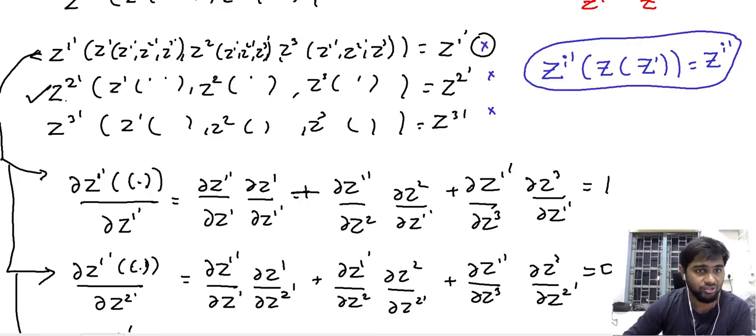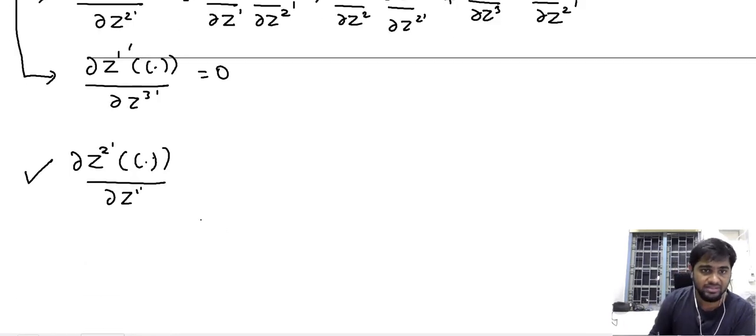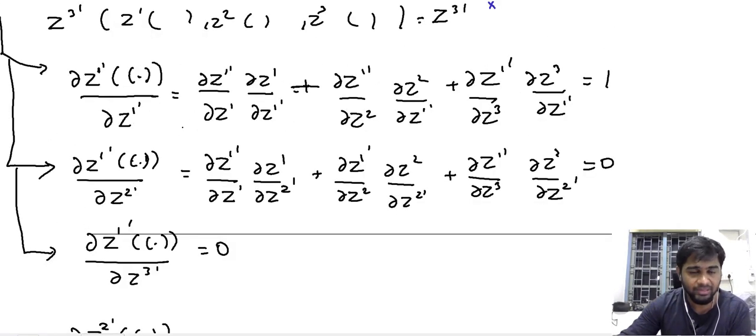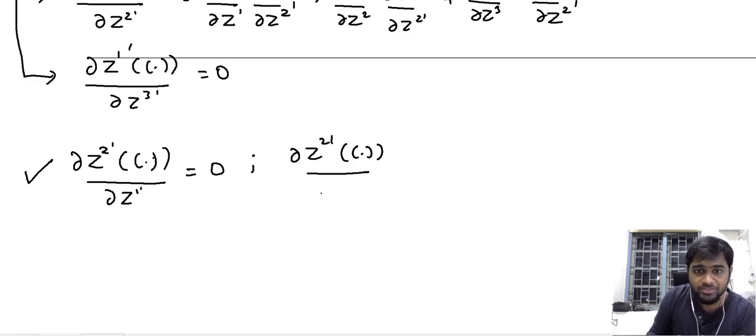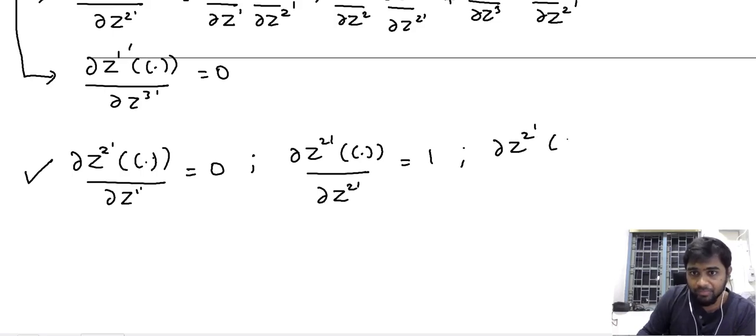So we are considering the partial derivative of this coordinate with respect to the corresponding coordinate z1 prime. When you extend the partial derivative in this form by considering the chain rule, this will turn out to be 0. In the same way, when you consider the partial derivative of z2 prime, again treating it as a function of a function, with respect to z2 prime, this will be 1. However, the partial derivative of z2 prime, treating it as a function of a function, with respect to z3 prime will turn out to be 0.